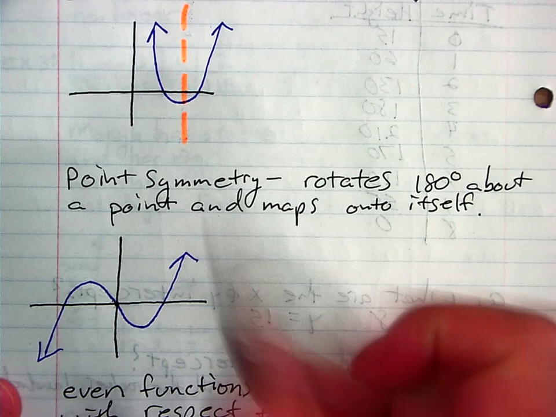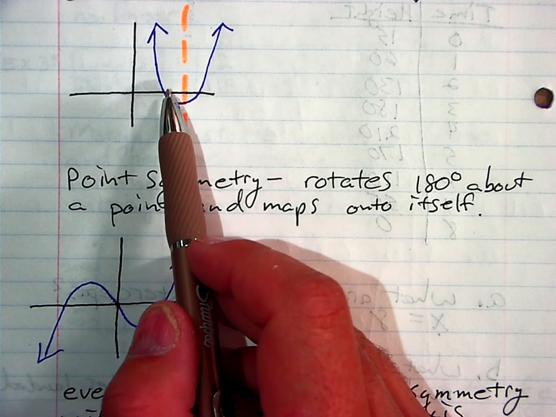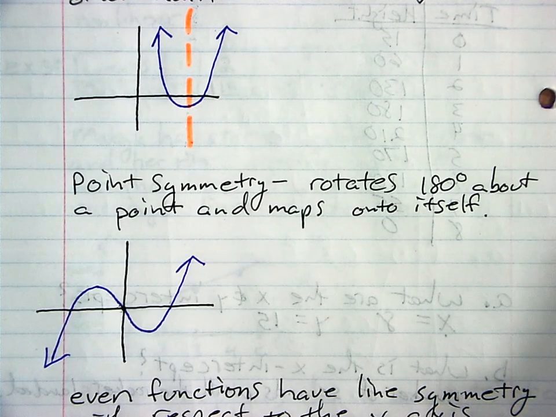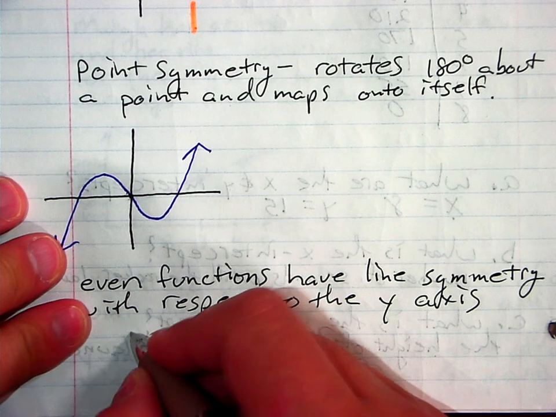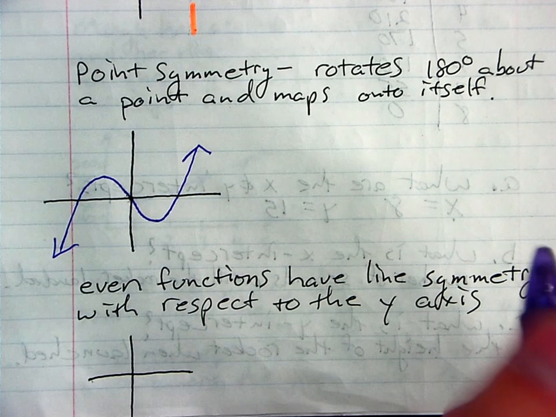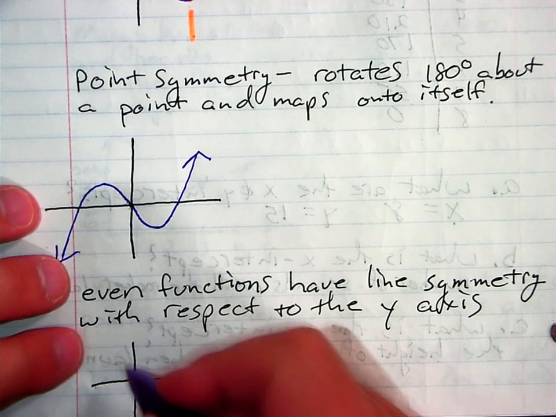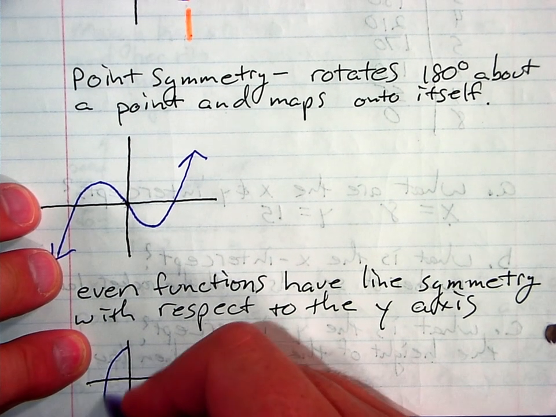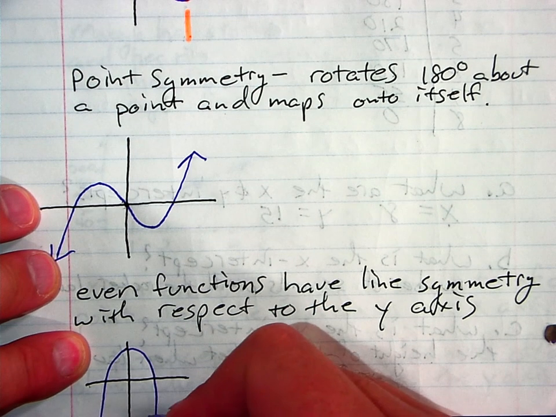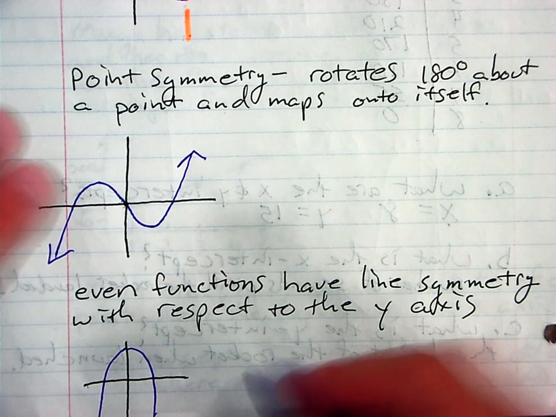So this one here would not be an even function because it's not reflected over the y-axis, is it? It's reflected over a point over here. So I'm going to draw a little graph just to make sure we understand. And it has to be with respect to the y-axis. Does it have to open up? Nope. And this would be an even graph.